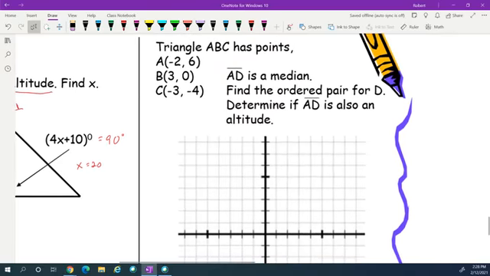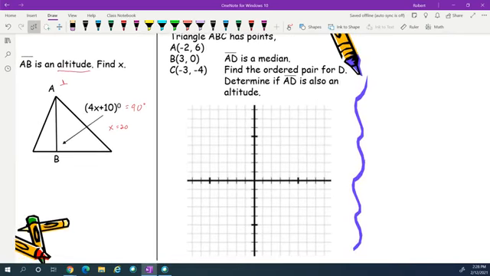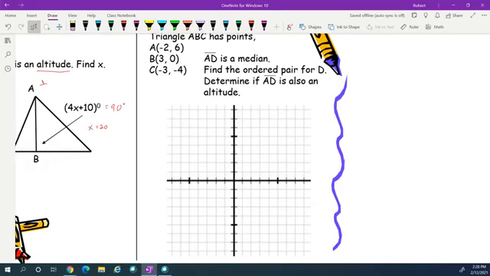In our next question, we actually drew this triangle in the previous lesson. I'm just going to redraw it. A is at -2, 6. B is at 3, 0. C is at -3, -4.